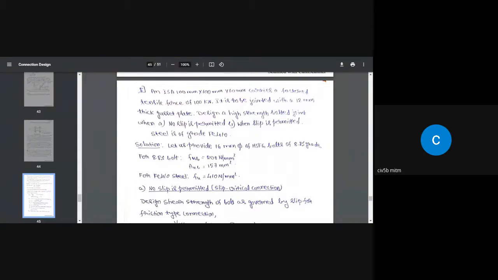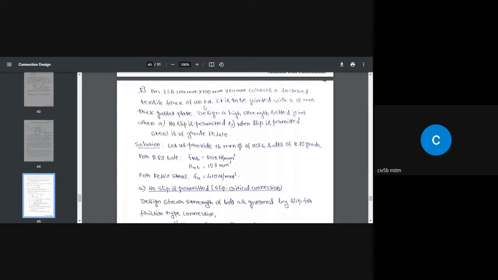Steel is of grade Fe410. See, this is an angle. ISA is Indian standard angle, having two legs of equal size. 100 millimeter is one size of the leg and the other is 100 millimeter. And the thickness of the angle is 10 millimeter.